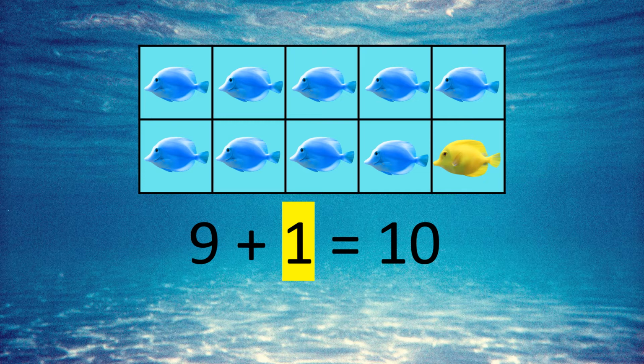And we can think about it like this. The 9 blue fish plus the 1 yellow fish equal 10. The 9 blue fish and the 1 yellow fish make the 10 frame full. So now we have 10. Before we had 9, we added 1, and now we have 10.